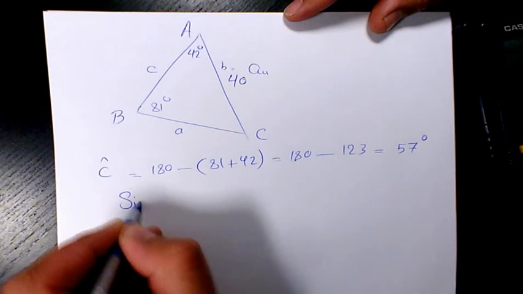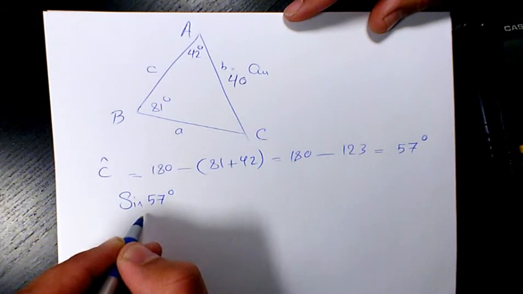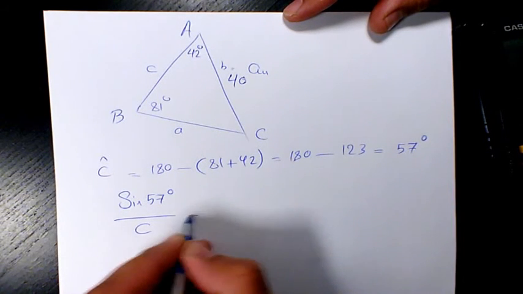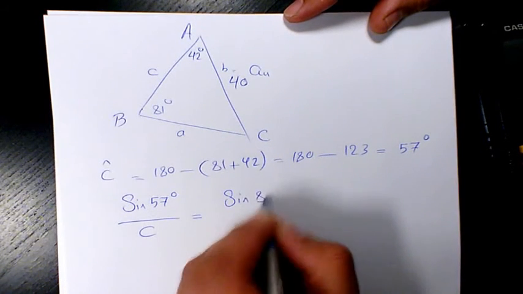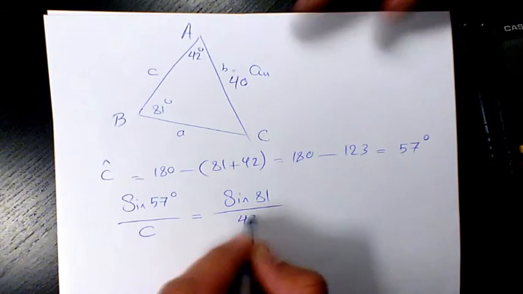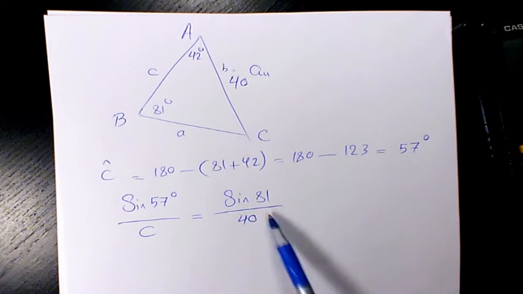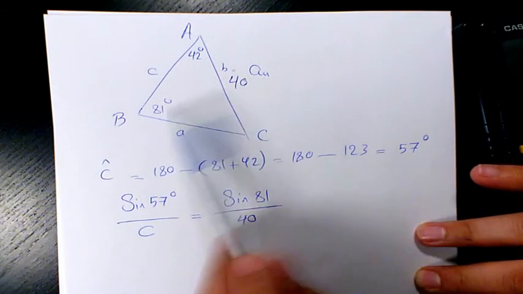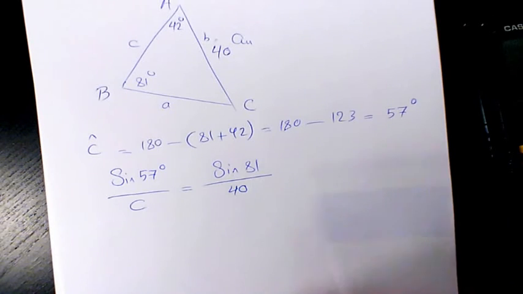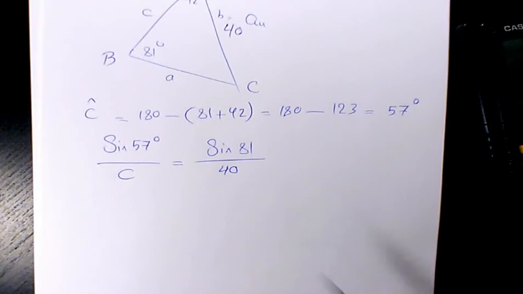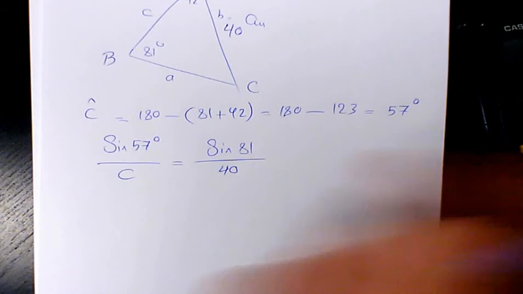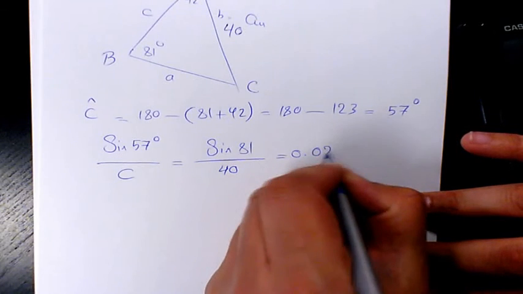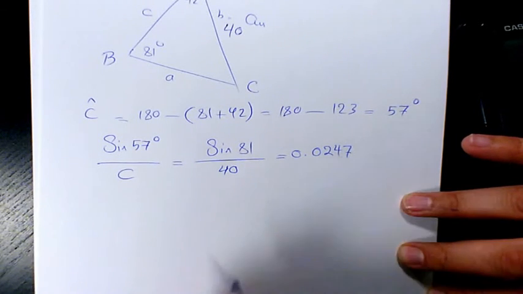So sine 57 divided by c equals to sine 81 divided by 40. Basically one of the ratios has to be that side that we have both the length and the angle. Otherwise, if we have two unknowns, we cannot solve it. So sine 81 divided by 40 is going to be 0.0247.